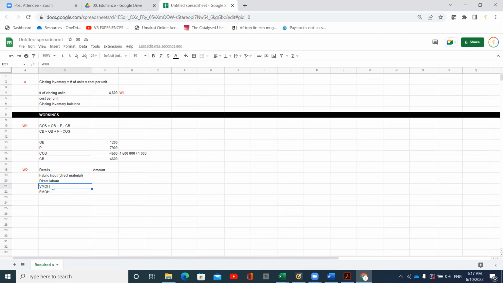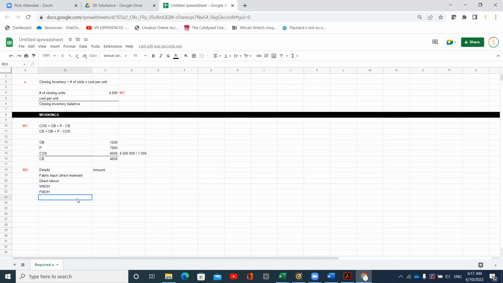So remember, when they ask you for a cost of a product, always tell yourself a cost of a product includes three things: direct material, direct labor, manufacturing overheads. Then you stop and you ask yourself, which manufacturing overheads? So that depends on the costing system. So because we're using the absorption costing system, it is both manufacturing overheads, variable and fixed. If it was a direct costing system, it would only be variable. Okay, so just take note of that.